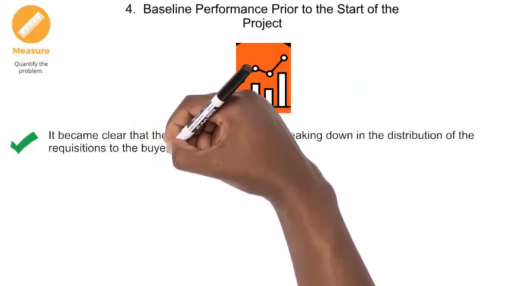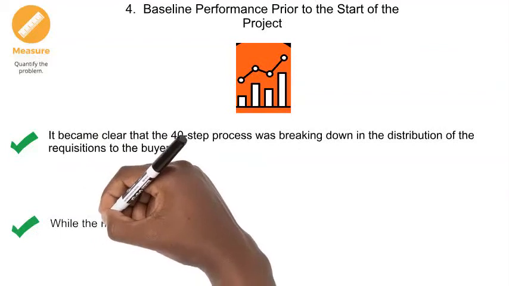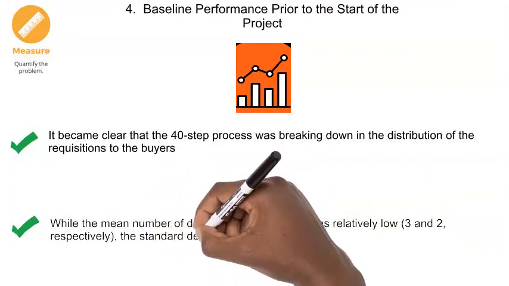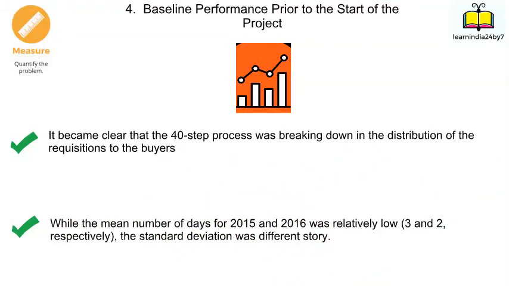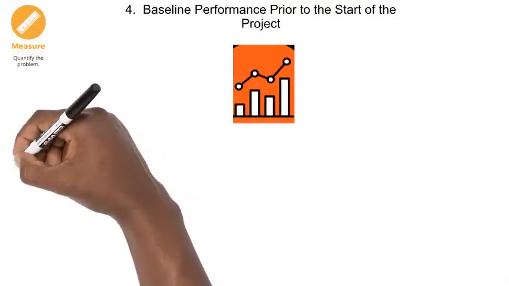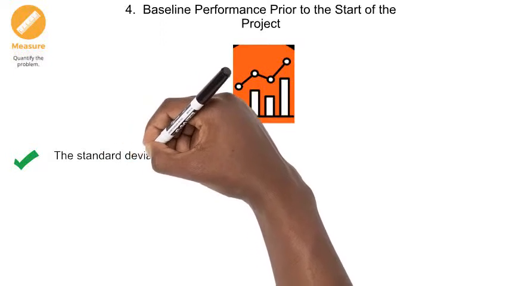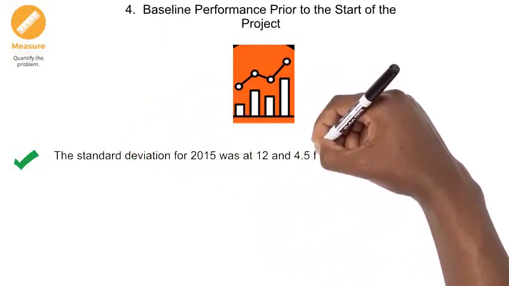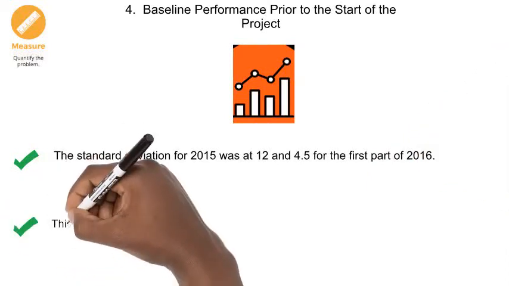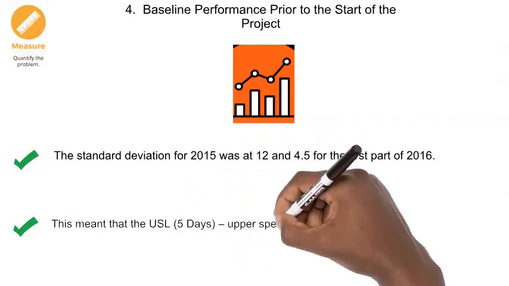Now it becomes very clear that the 40-step process is breaking down in the distribution of requisitions to the buyers. While the mean number of days for 2015 and 2016 was relatively low, 3 and 2 respectively, the standard deviation was altogether a different story. The standard deviation for the distribution of requisitions to buyers was 12 for 2015 and 4.5 for the first half of 2016.